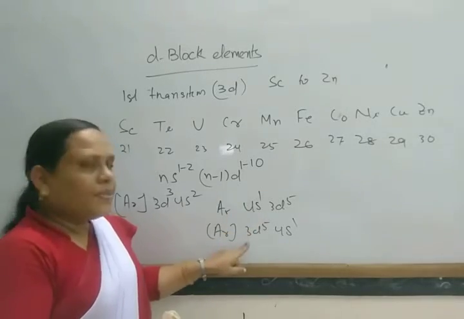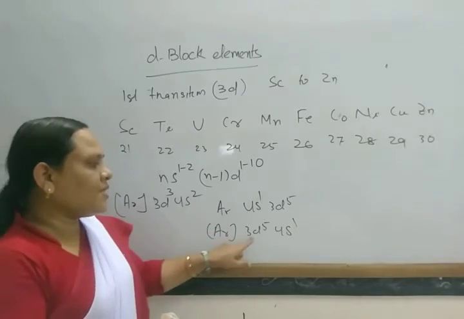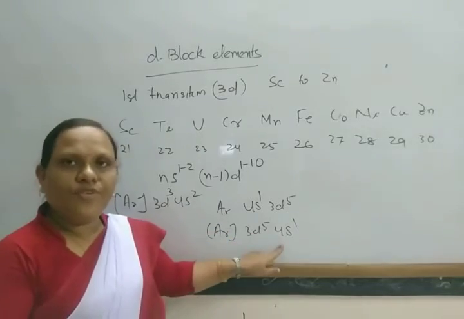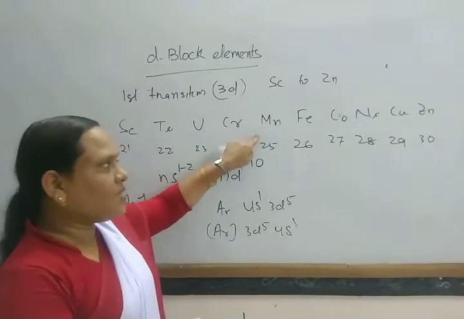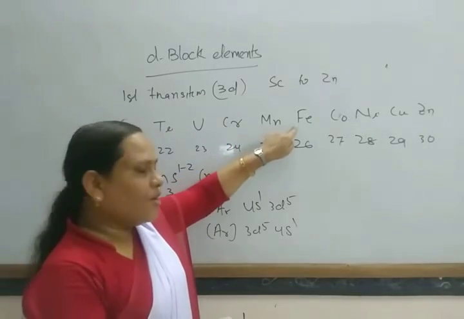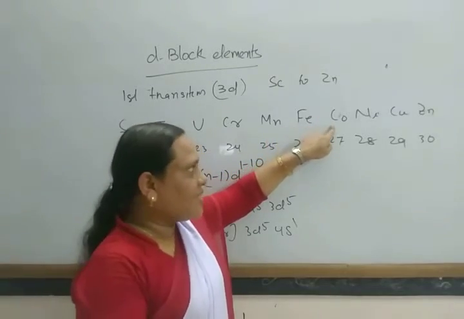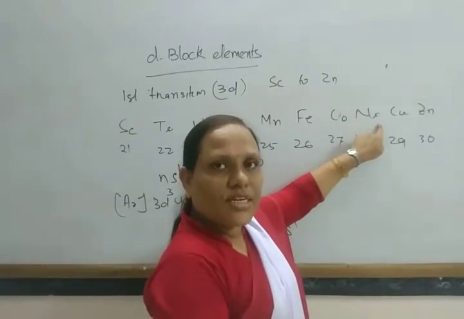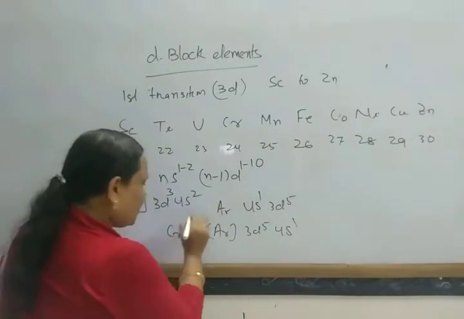So the configuration is argon 3d5 4s1. Again for manganese it is argon 4s2 3d5, for iron 4s2 3d6, for cobalt 4s2 3d7, and for nickel 4s2 3d8.